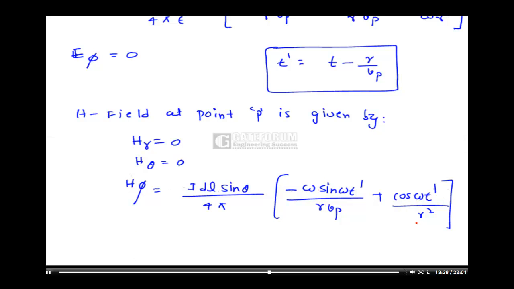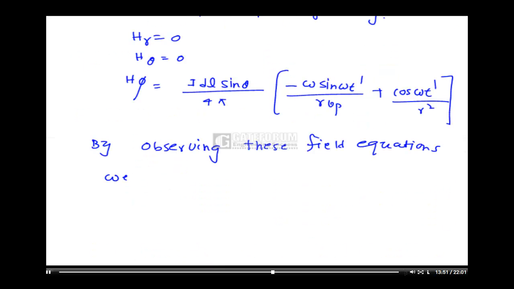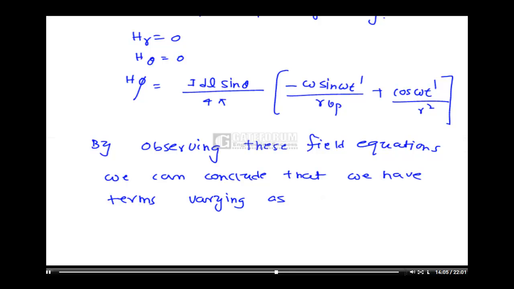The important thing is, by observing these field equations, we can conclude that we have terms varying as 1 by r cube, 1 by r square, and 1 by r.